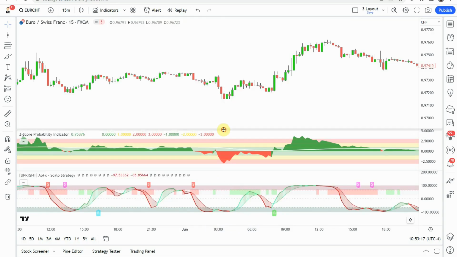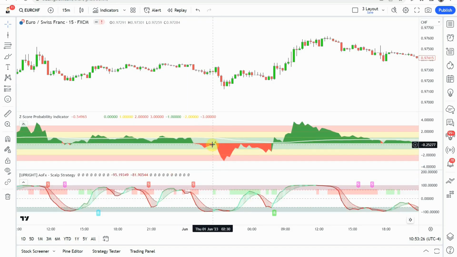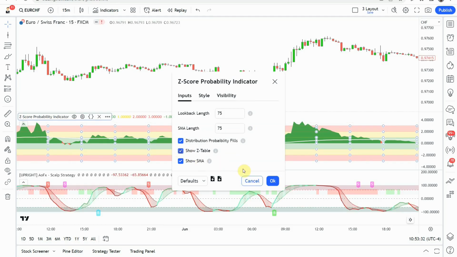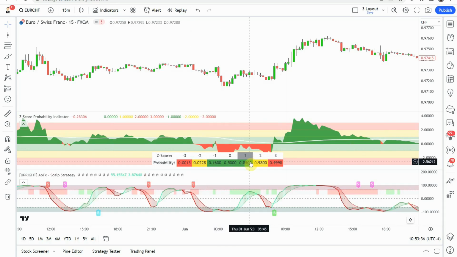And so the Z-score probability indicator basically gives these bands here, and these bands here show a deviation of price. And so we also turned off the Z table here, and so you can see this here is the Z table.